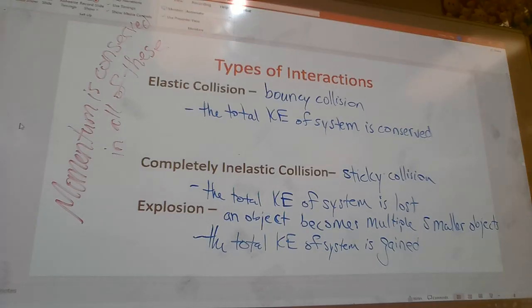So if I say it's an elastic collision, don't think, oh my goodness, what happens to the momentum? It's conserved. It's kinetic energy that you're asking yourself, is it conserved or not?